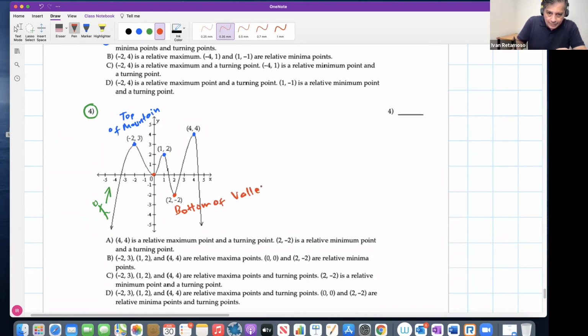This is kind of a mnemonic device that will allow us to figure this out, to remember it, right? Top of mountain, the blue points, bottom of valleys, the red points, and they should determine the relative maximum, relative minimum, right?